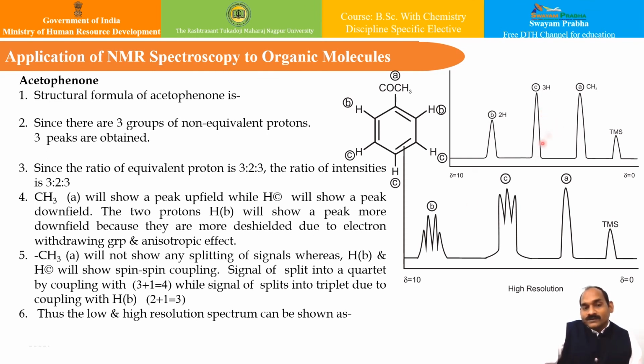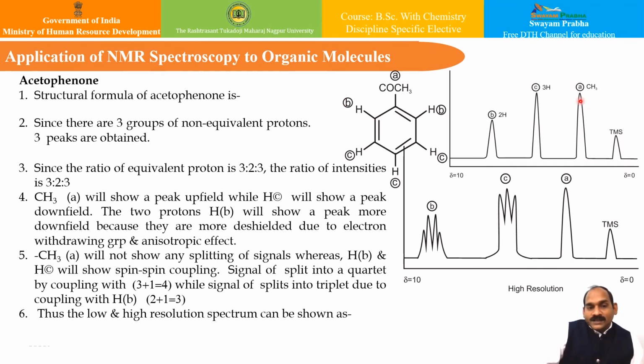This CH3 will show a peak which is upfield, while this C kind of protons will show a peak downfield. The two protons over here will show a peak more downfield because they are more deshielded, due to the electron withdrawing group and the non-uniform environment, which is called the anisotropic effect.